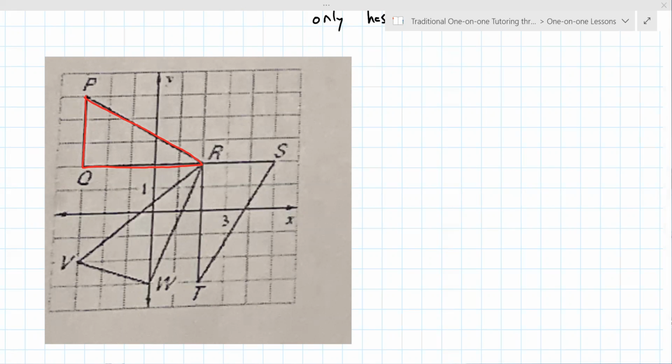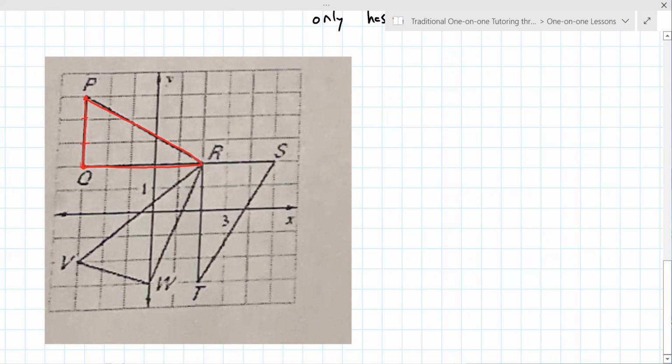So you have to determine the lengths of the sides. Like from P to Q, what is the side length? The side length for that right there, PQ. How long is it?